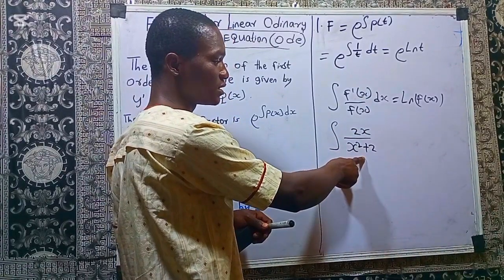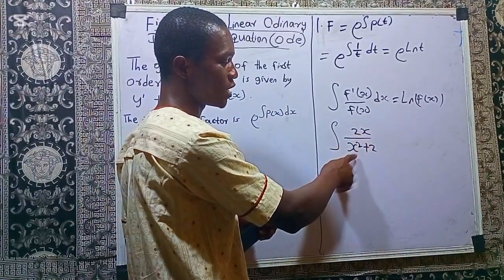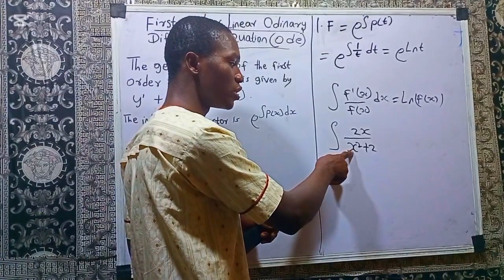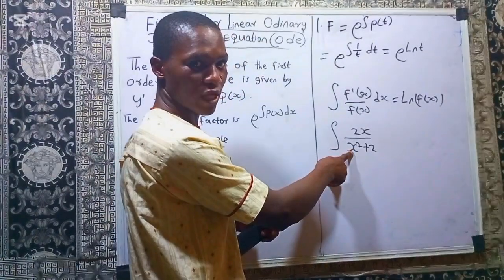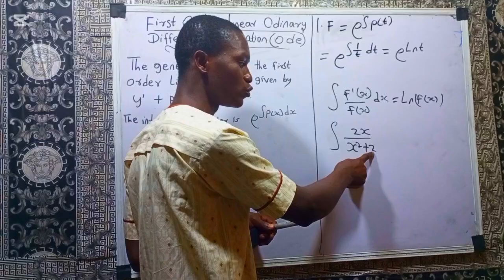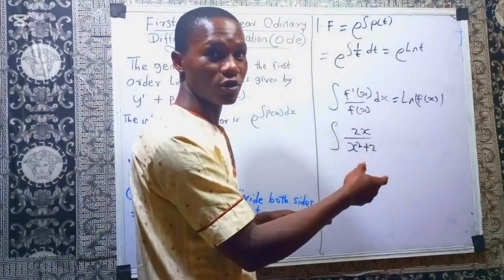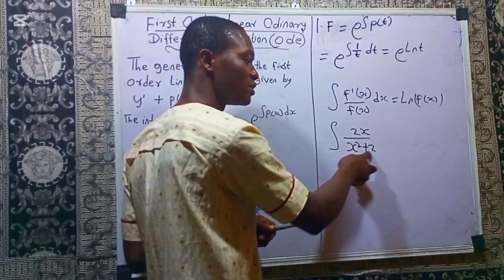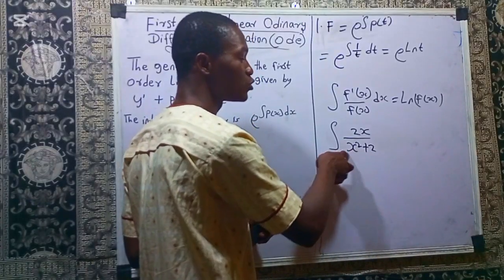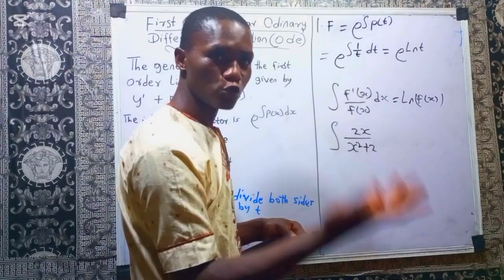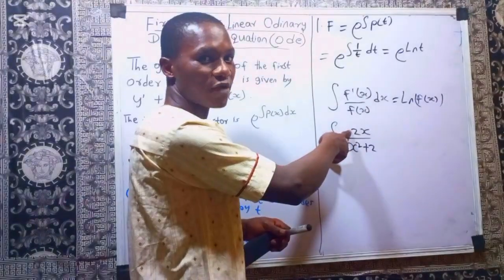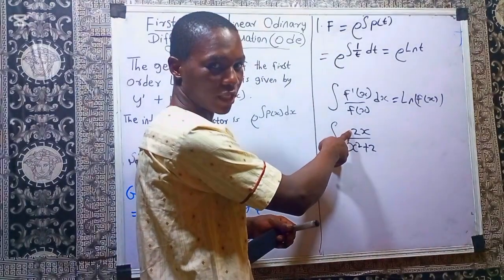Now looking at this, if you differentiate the denominator, if you differentiate x squared, you get 2x. If you differentiate this 2, the derivative of a constant is 0. So generally, if you differentiate this denominator, what you are going to get is just 2x. That 2x is the same thing you have at your numerator.